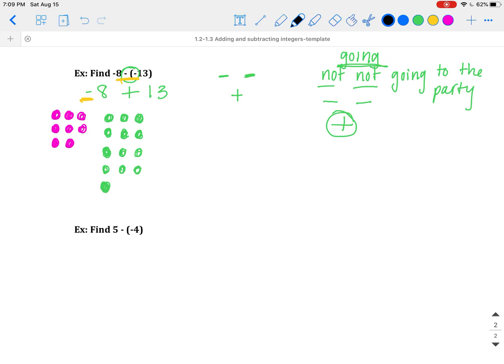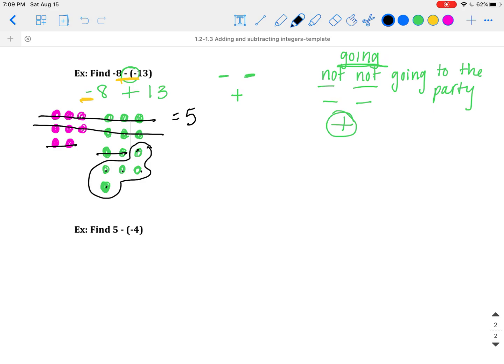All right. Now, you guys already know what I talked about with zero pairs. We have 3 there, those cancel. 3 there, those cancel. 2 there, we cancel 2 more. And we are left with, when we count them out, 1, 2, 3, 4, 5, and that's 5 positives. So we would say equals 5.